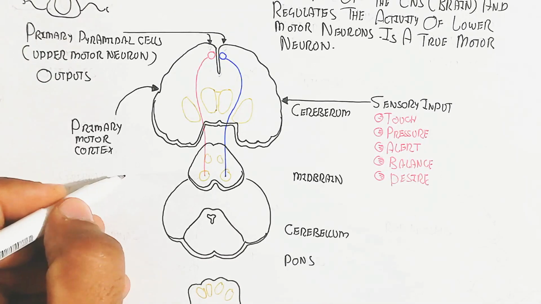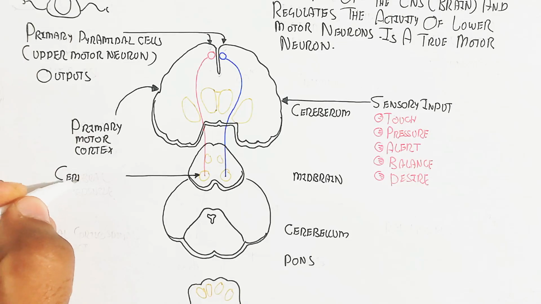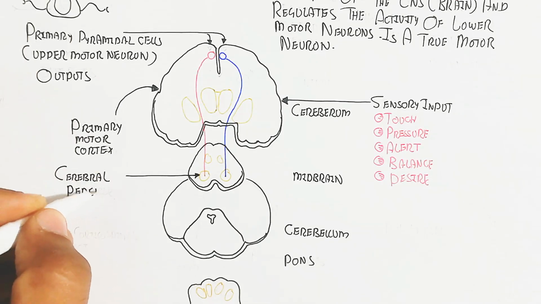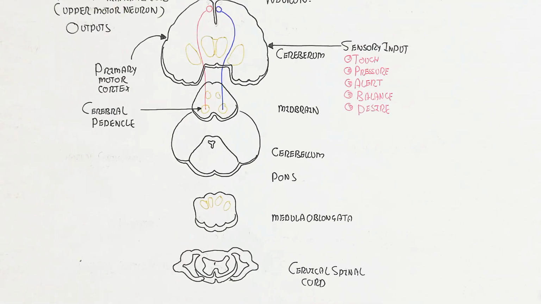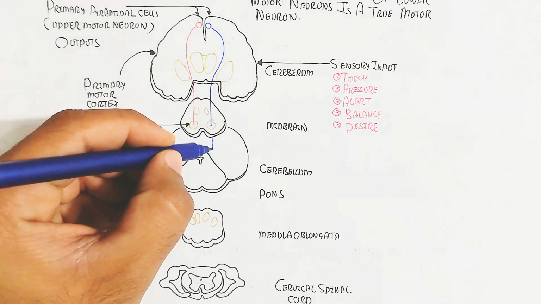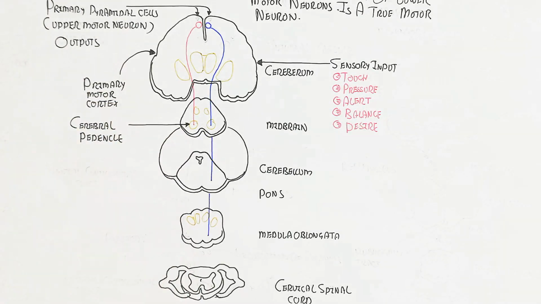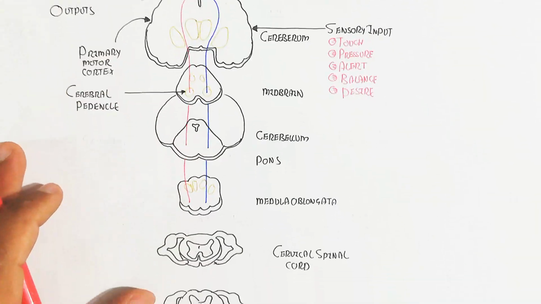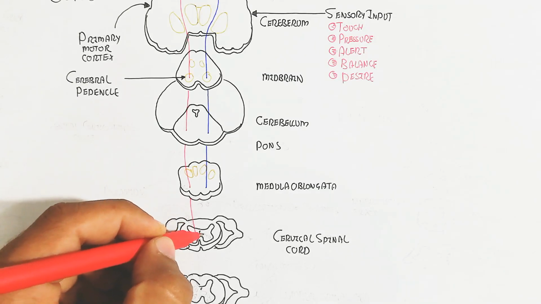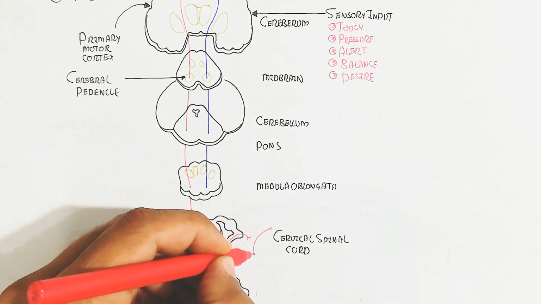In this way it will go down to the midbrain, through the cerebral peduncle, which allows it to move into the midbrain toward the cerebellum. The cerebellum basically contains neurons, the ventral corticospinal tract.